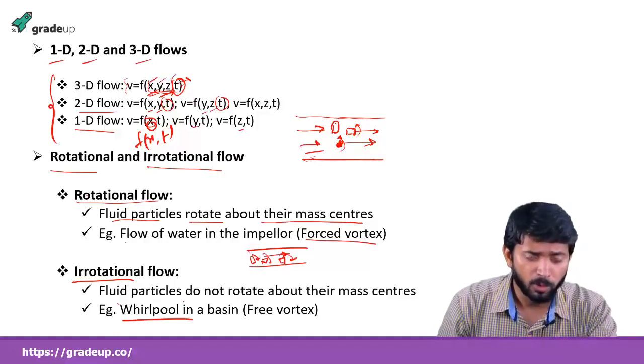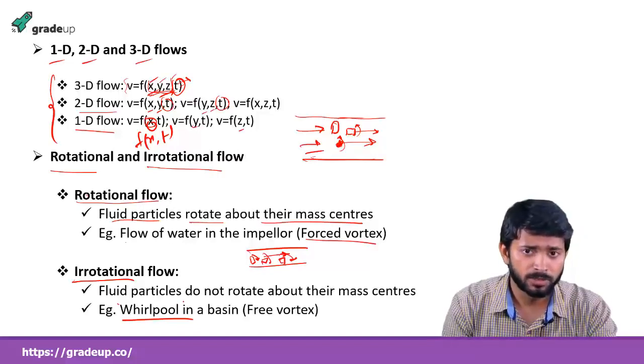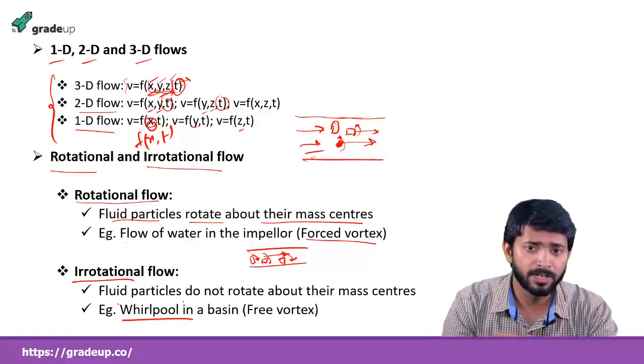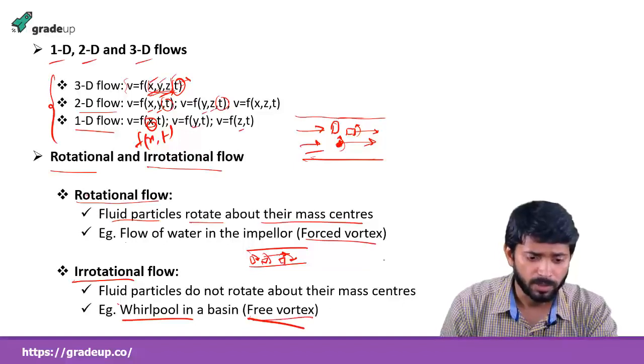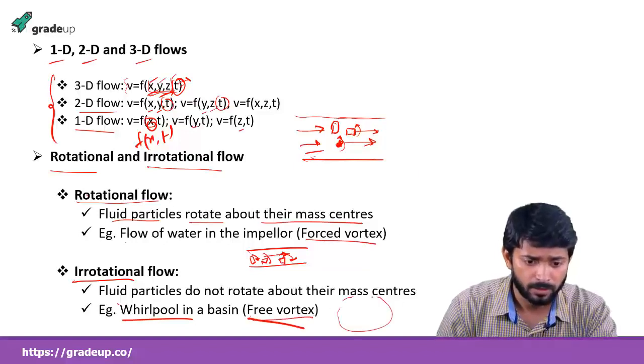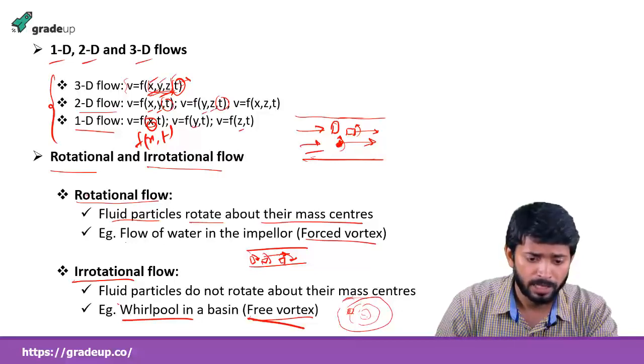And a whirlpool, you have seen a vortex generated in a wash basin. This is an example of irrotational flow. It is a free vortex flow. Here in a wash basin, if some element is there, it will again be raised here and again raised here.